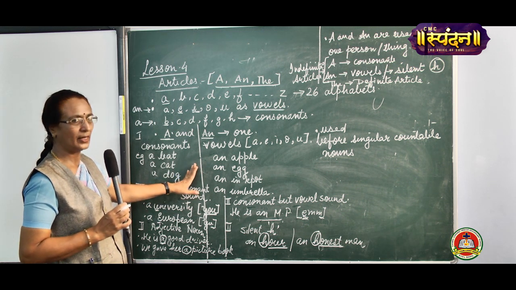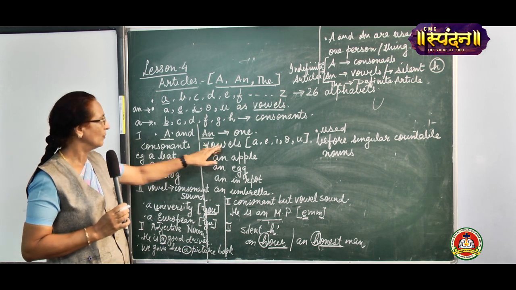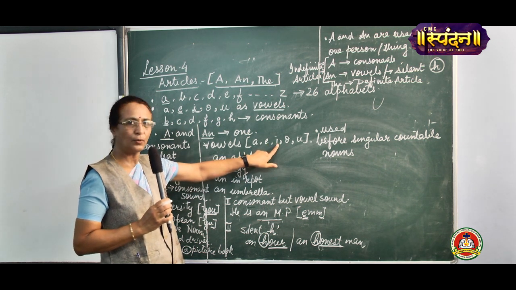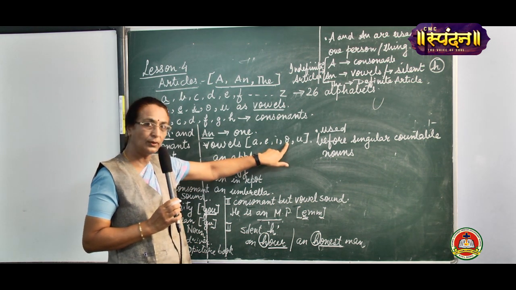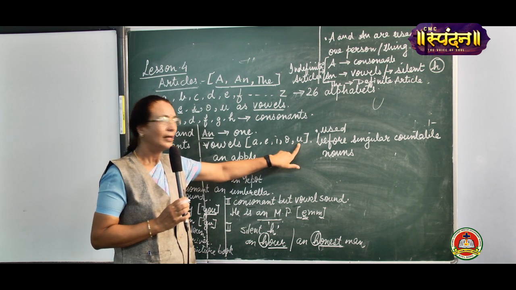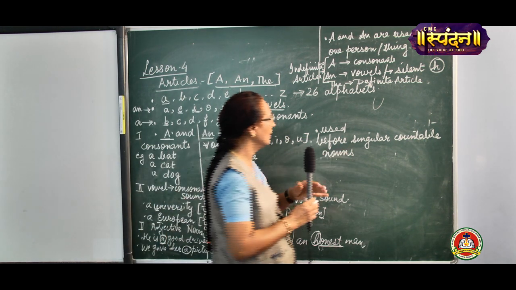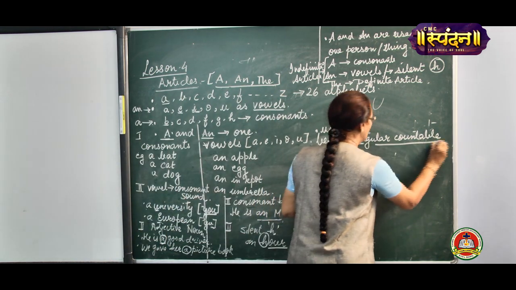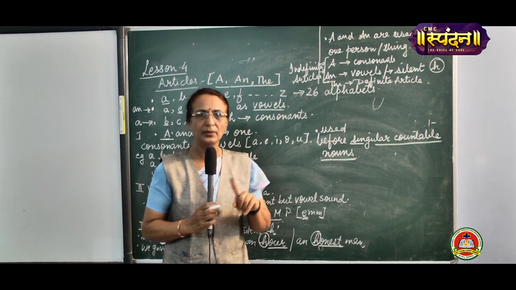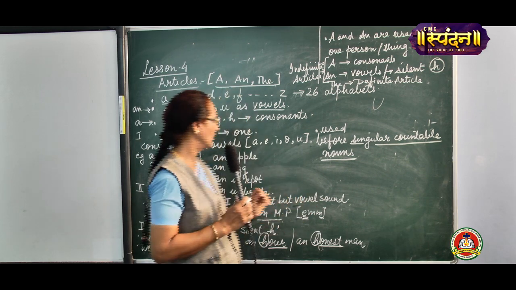In the same way, an is used before vowels. Vowels like an apple, an egg, an ink pot, an owl, an umbrella. Is that clear to all of you? This is used before singular countable nouns. Children, is it clear to all of you? Okay.